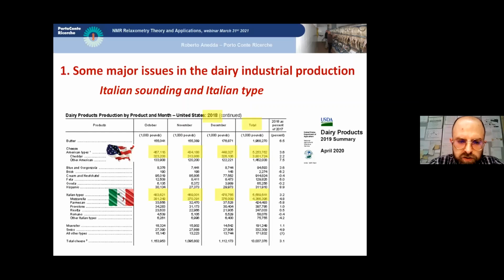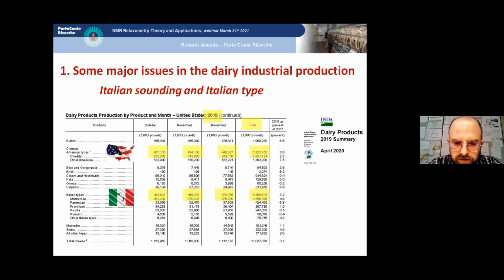From what emerges from the data, there is no traditional American cheese that can compete with mozzarella for the amount produced in the USA. You can see here Parmesan is in the second position. The production of Parmesan is huge, also compared to many other American products.